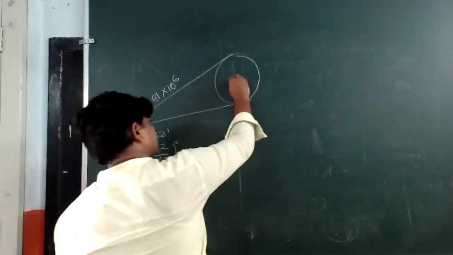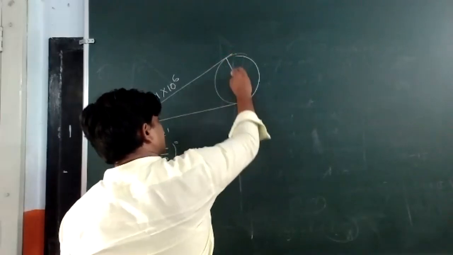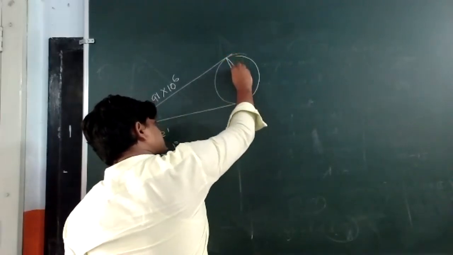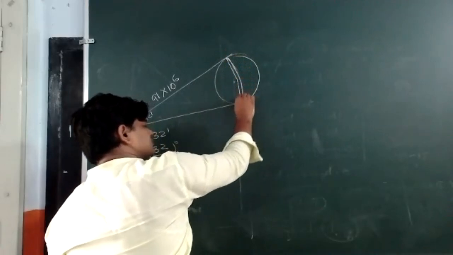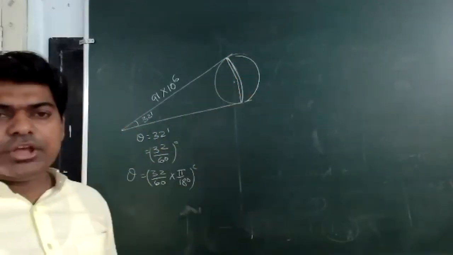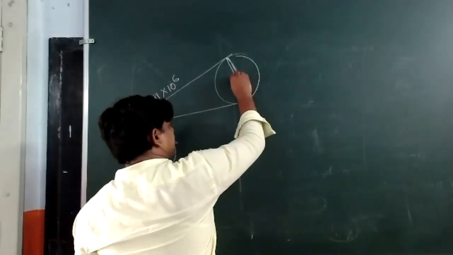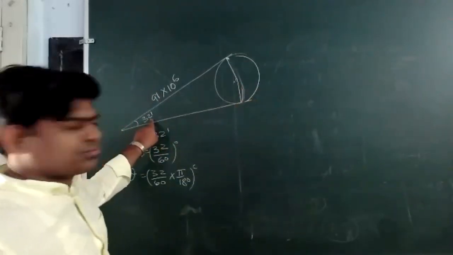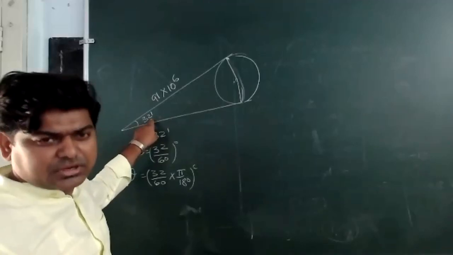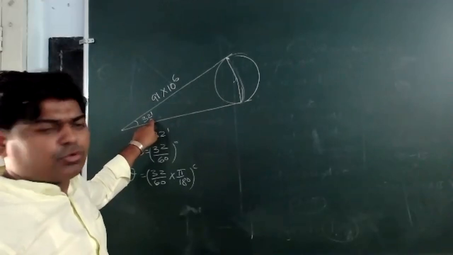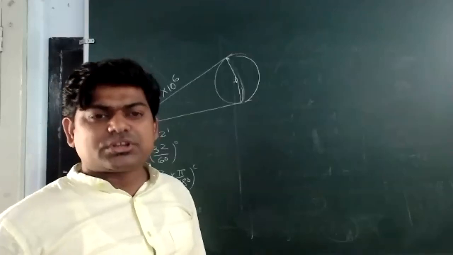Now get me. If I join this circle to this circle, and if I am talking about this R, listen very carefully. Actually, it is far away. In this case, that angle, see, it's 32 minutes. So if I subtract 32 minutes from 180, it will be almost a straight line.